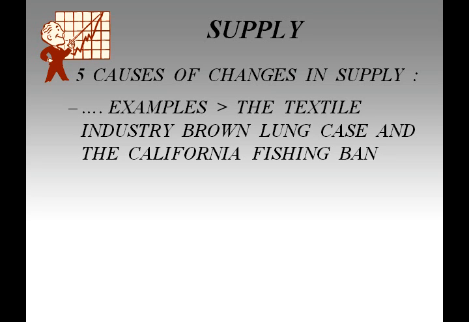The federal government of the United States in this case came in and imposed the regulations of the Occupational Safety and Health Act, which required the textile companies to create a certain environment in the textile mills to eliminate the instances of brown lung.